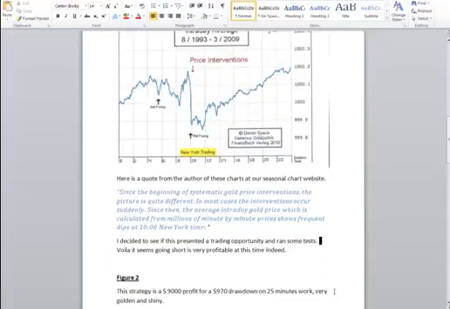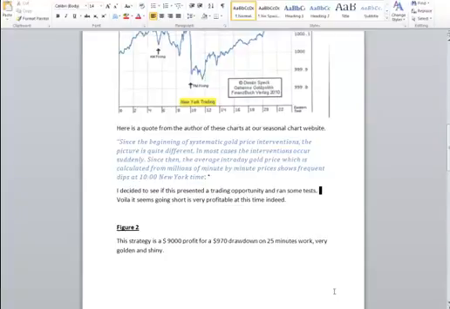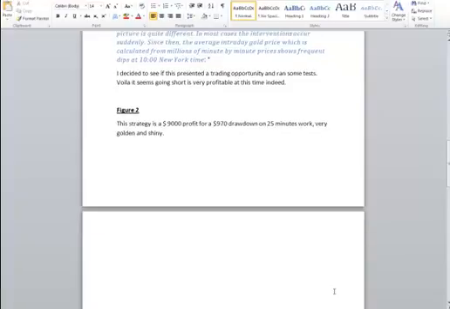And what Jim has done is he's actually said, right, well, we're getting a pretty good look at what's happening with gold. Let's see if this stacks up based on our testing. So he's gone through and run his strategy on the trend trader, and the strategy produced going short in that 25 minutes.